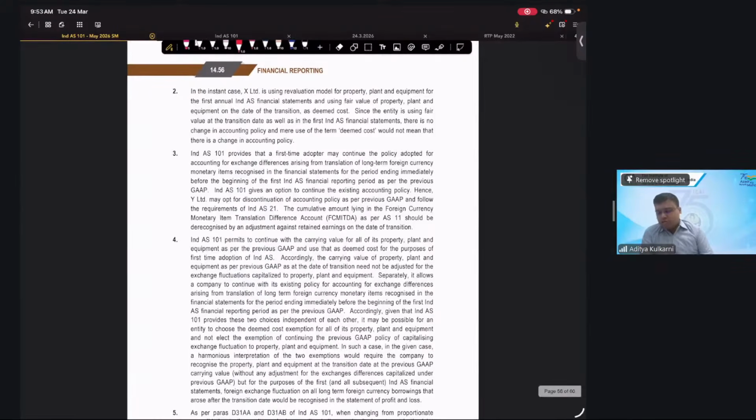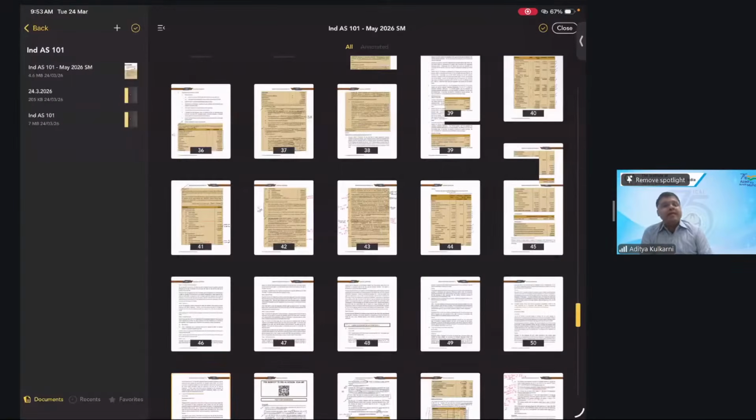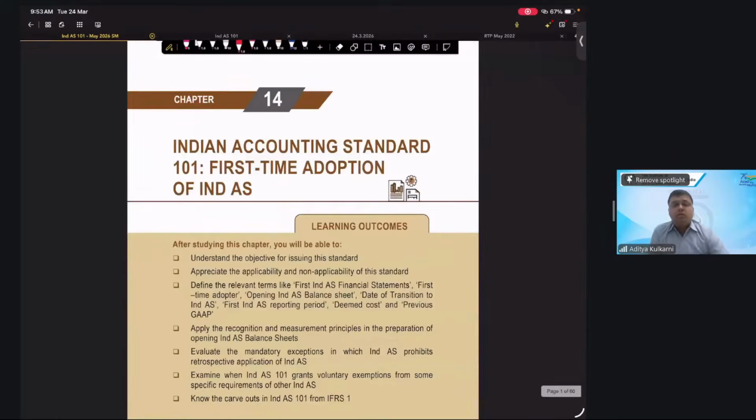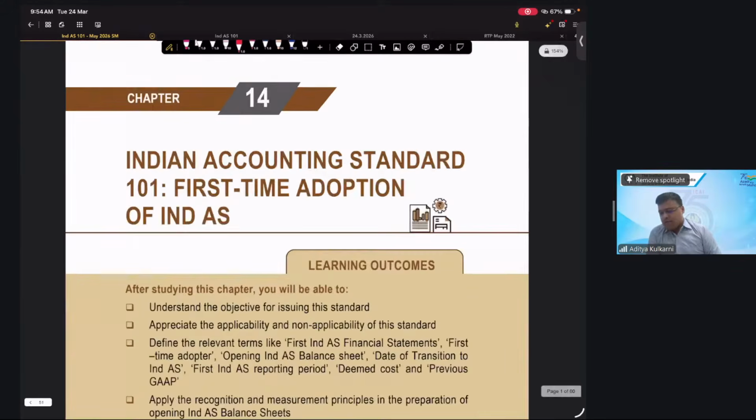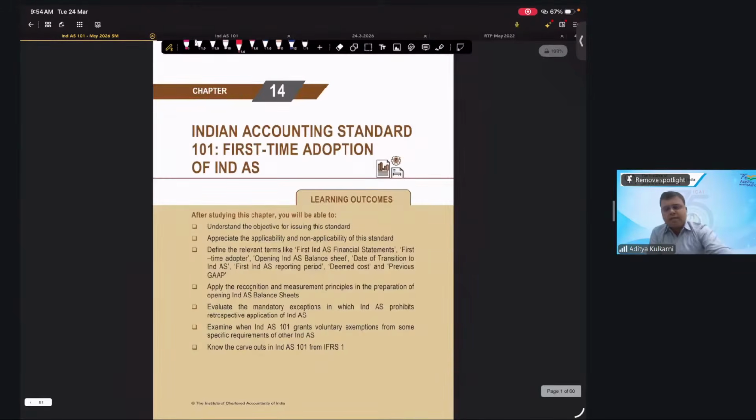That is a regular batch; this is a revision, so today I had to rush through a lot of things. There we had covered these things in quite long detail, which provides a lot of clarity. The major point to remember is that this standard is largely practical oriented.